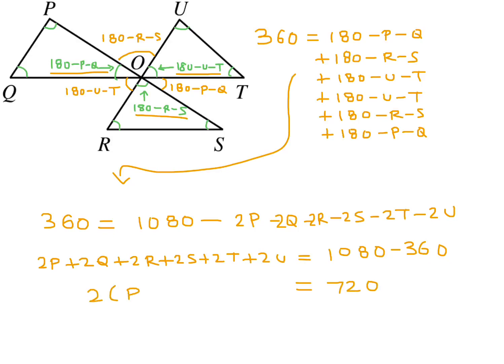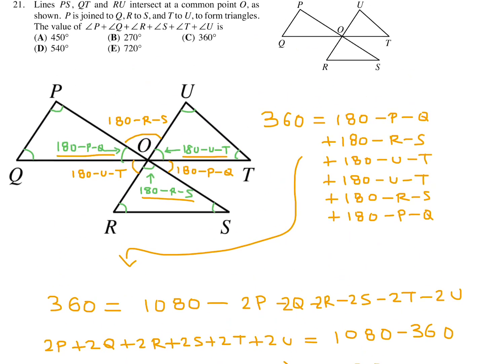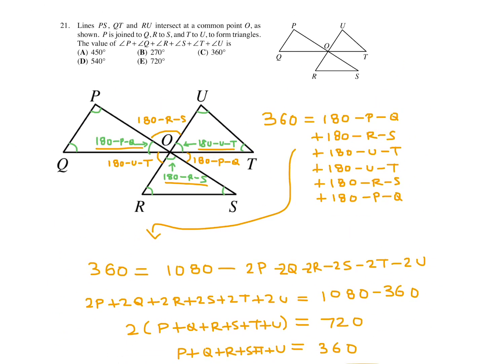Factor out the 2 and get P plus Q plus R plus S plus T plus U. And therefore, 720 divided by 2 is 360 will be equal to P plus Q plus R plus S plus T plus U. There you go. That's what they were asking for. They wanted you to figure out what is P plus Q plus R plus S plus T plus U? And we figured that out as 360. So 21, the answer is C.